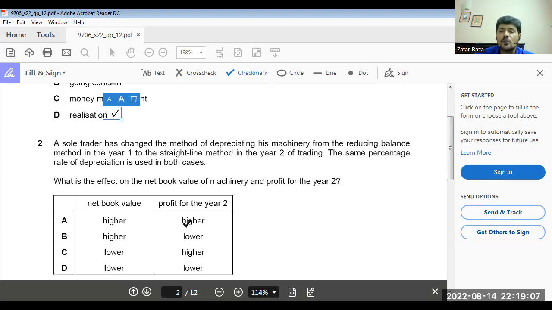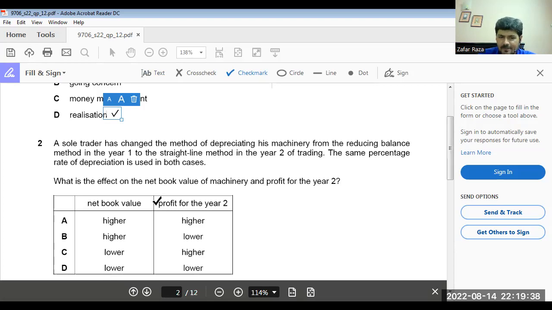But if you switch to straight line method in year 2, it means the year 1 depreciation and year 2 depreciation is same. So if you switch it, what will happen? Your depreciation expense in year 1 and year 2 would be same. In year 2, depreciation expense was supposed to be lower using diminishing balance method, and your profit was supposed to be higher. But what happened?